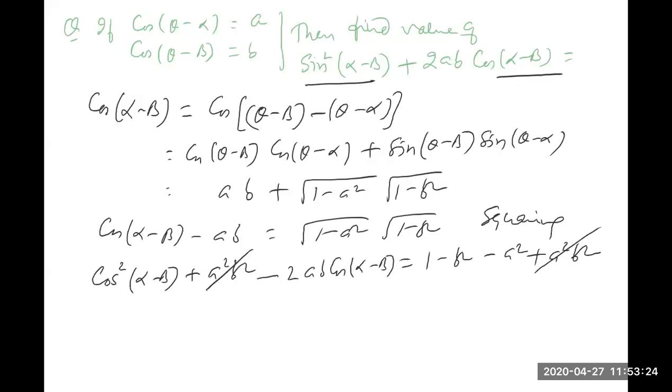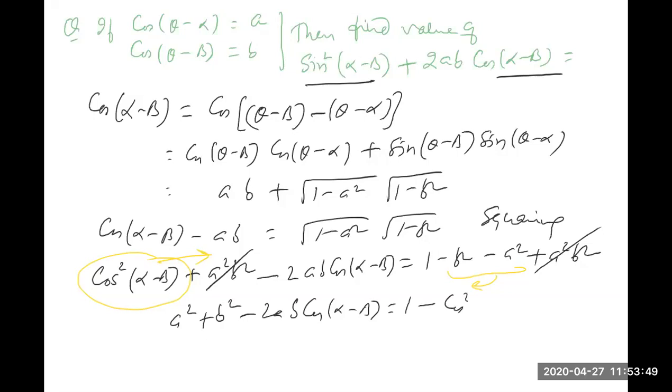Transfer the terms. This term will go to the left hand side and these two terms will go to the right hand side. So you will have A square plus B square minus 2AB cos(alpha minus beta) is equal to 1 minus cos square(alpha minus beta). 1 minus cos square(alpha minus beta) is sin square(alpha minus beta).